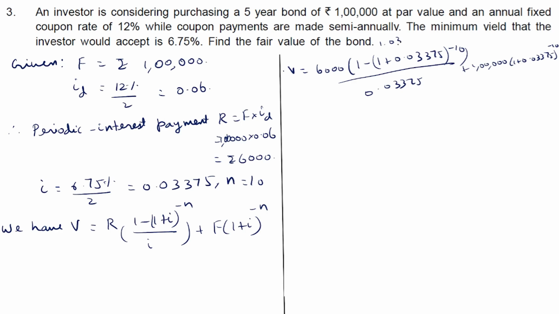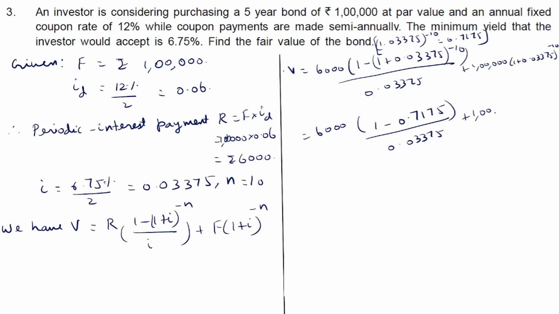Now the value of 1.03375 the whole raised to minus 10 usually will be given in the question. It is 0.7175. So this is equal to 6000 into 1 minus 0.7175 upon 0.03375 plus 1 lakh into 0.7175.